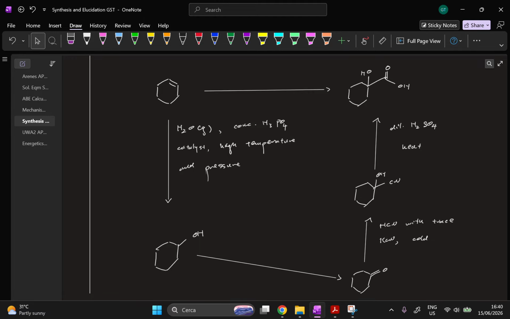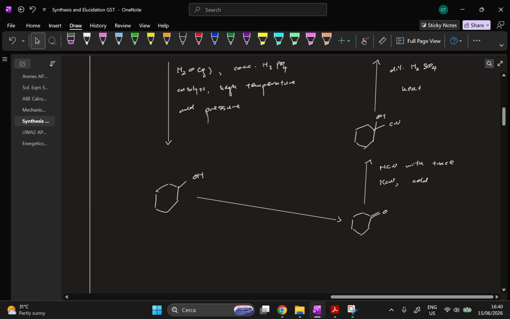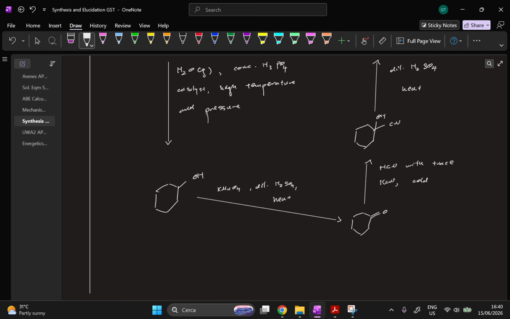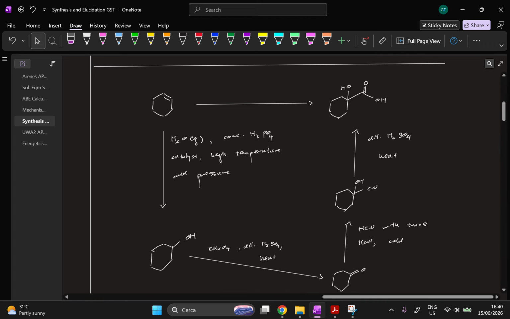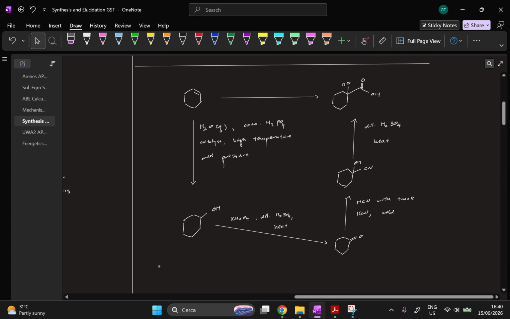And then lastly, obviously, how do I get from secondary alcohol to ketone? Whether you use KMnO4 or K2Cr2O7, I don't care, but I just prefer to use KMnO4. And remember, the only times in which you cannot use KMnO4 is if you deliberately want a slightly milder oxidation.